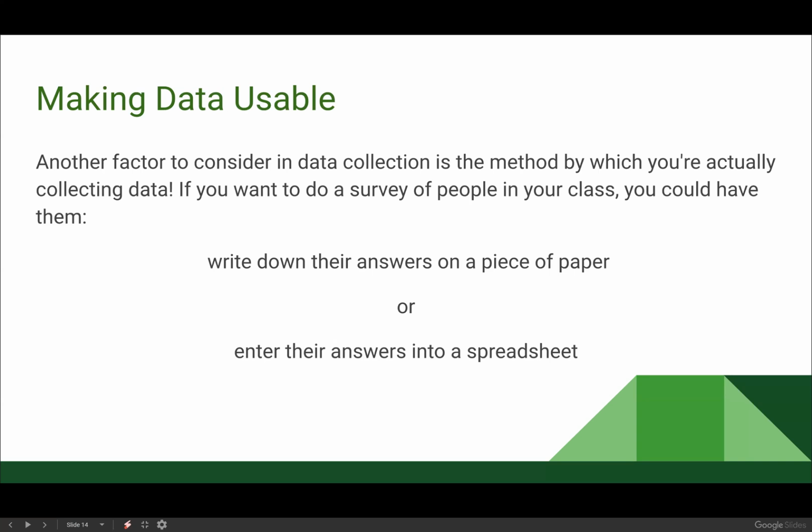Spreadsheet, because if we are going to be processing this data, we'll probably have to put it in a spreadsheet anyway. So if we can get rid of the step where we have to read all these pieces of paper and put it in a spreadsheet ourselves, that can save us a lot of time. If all the answers are directly in the spreadsheet already, we've saved a whole bunch of time doing that.